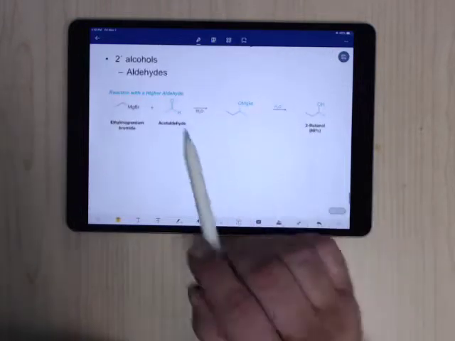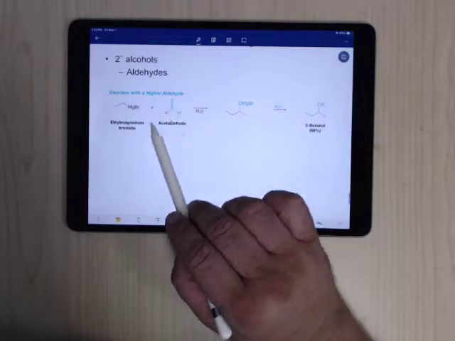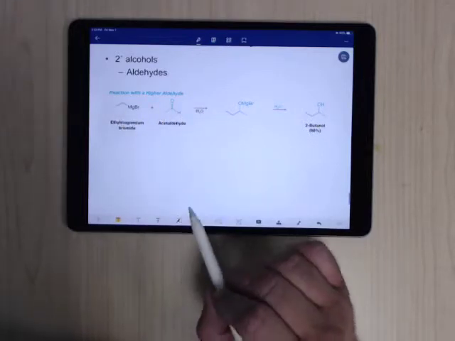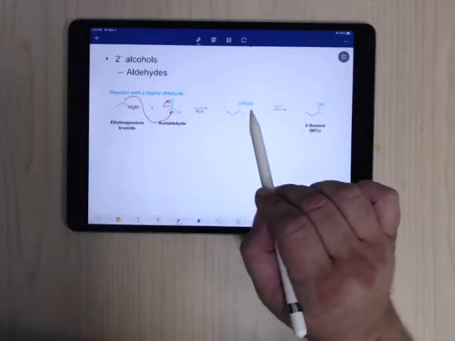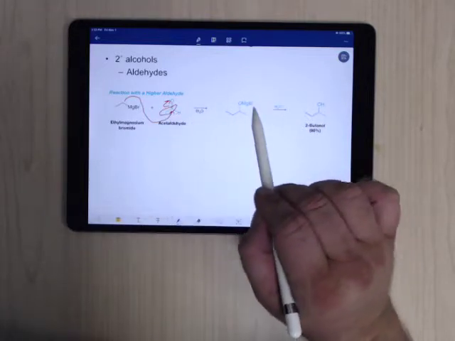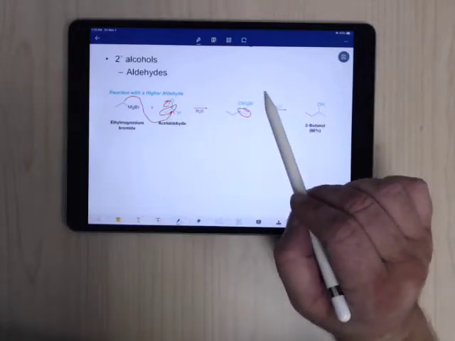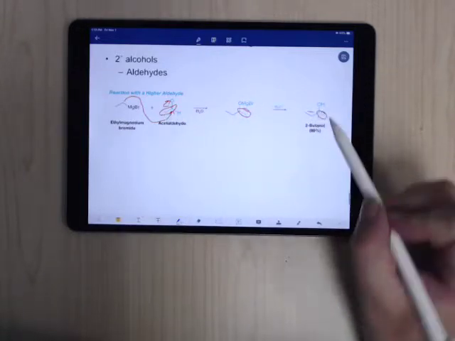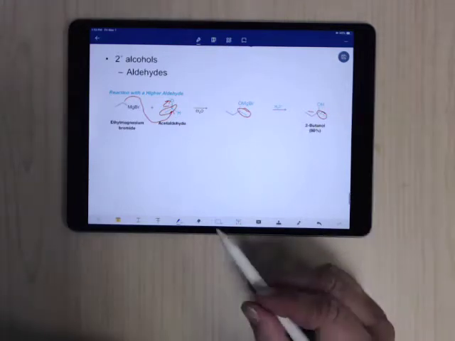If you want to do secondary alcohols, you would use something like acetaldehyde, some sort of aldehyde. Because you're going to be attacking here, coming up, and those 2 carbons there, but it's on the inside, so you're going to make the secondary alcohol.